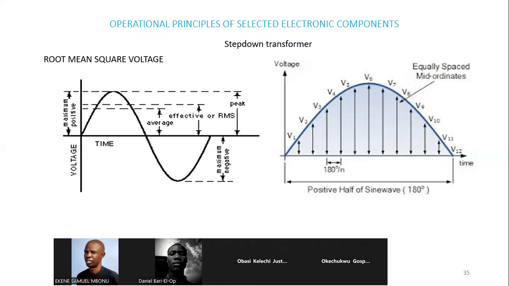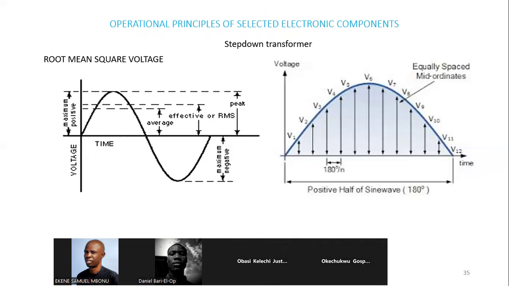Yes, sir. So by the time we take the square root of the whole thing, it becomes the root mean square average. And that will give us a rough idea of what the average DC voltage is. You are going to get the average value of this area, and that value is what is called the root mean square average.